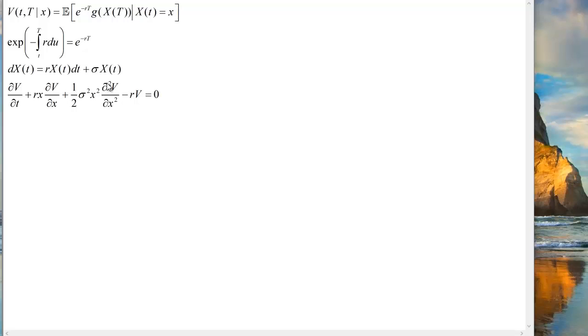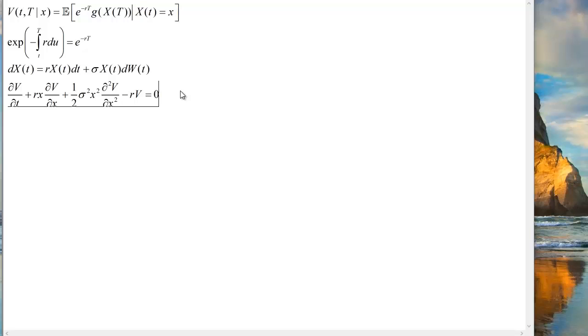But the general form of the dynamics of the stock is this one. Okay, so you can see the presence of the drift term here, and the presence of the volatility term squared in here. Okay, and the r here, this doesn't come from here, but it comes from this part. Okay, so the r at the very end always comes from the discounting part.